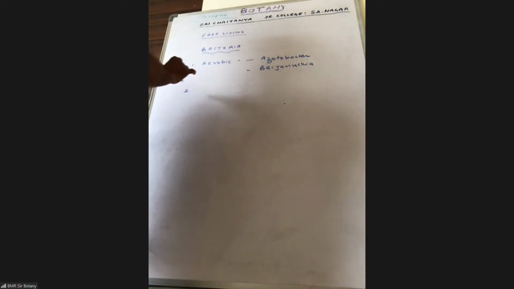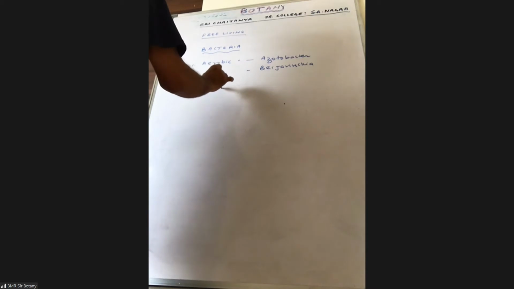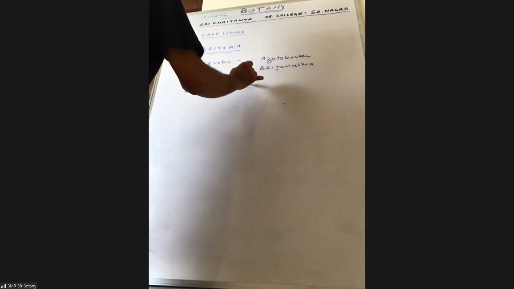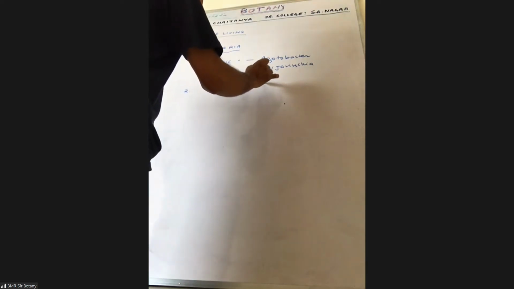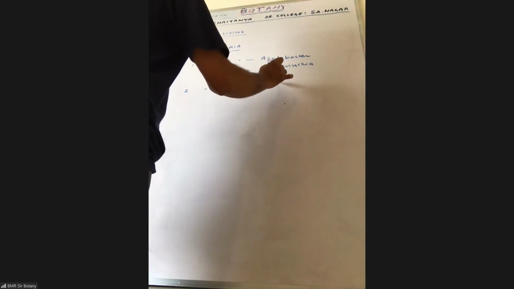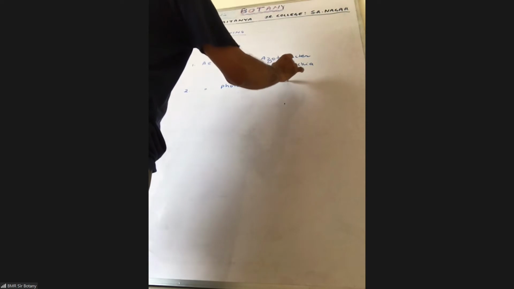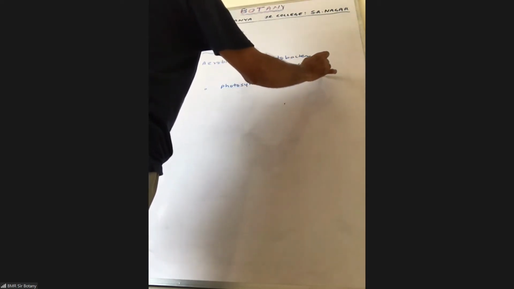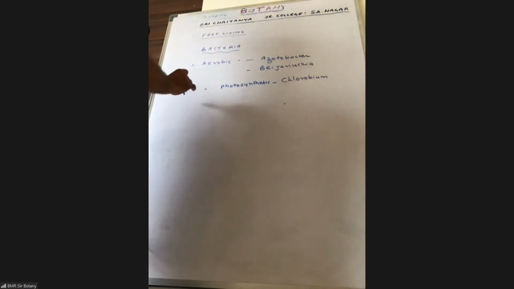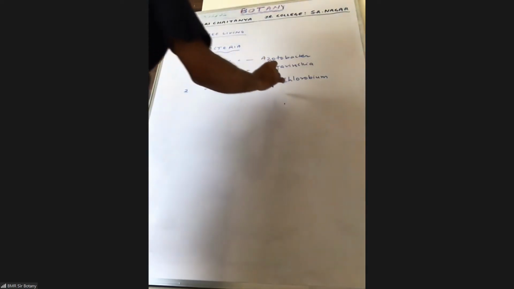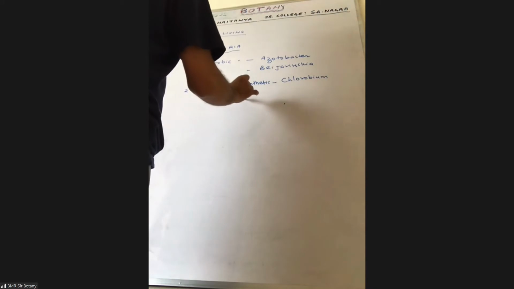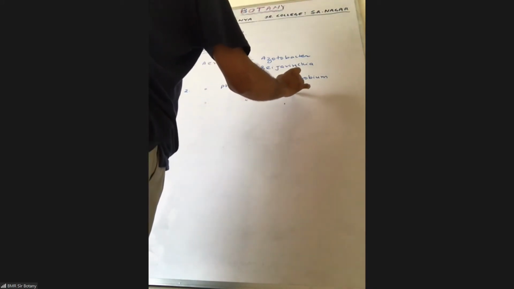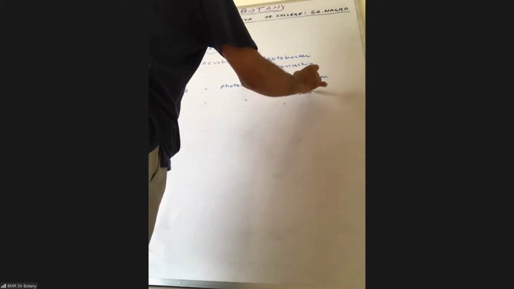Then the second category we wrote was aerobic photosynthetic. Tell me what examples I gave you there? 1 Chlorobium. 2 we gave was Rhodospirillum, right?